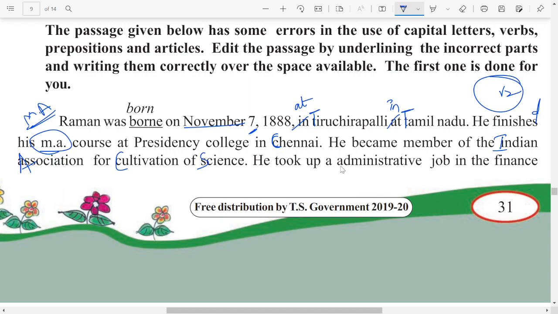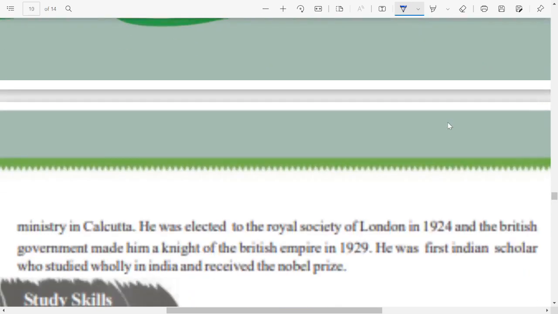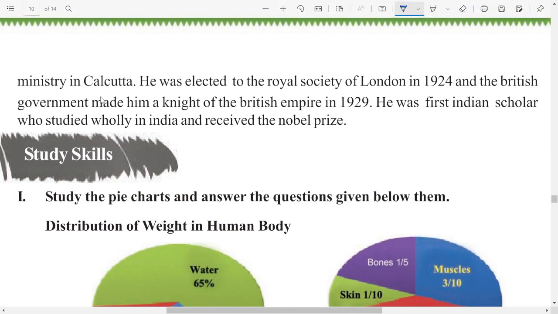Okay, next he took up an administrative job, because here we have vowel sound, in finance. Next one, ministry in Calcutta can be used. He was elected to the Royal Society, RS capital, of London in the year 1924, and the British must be used as B here.